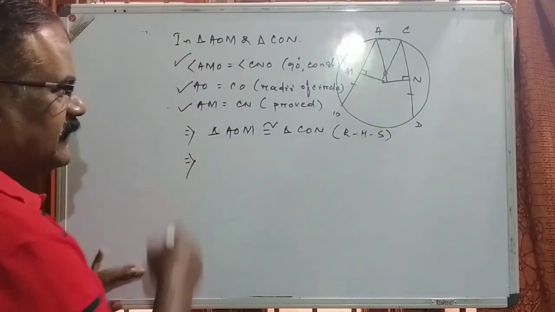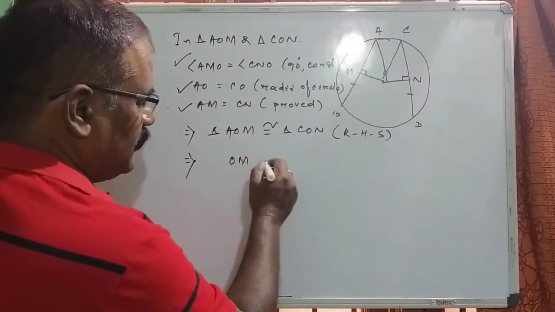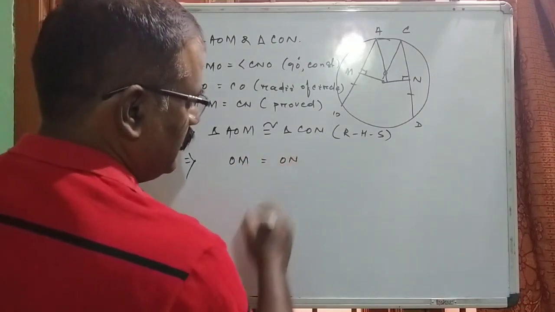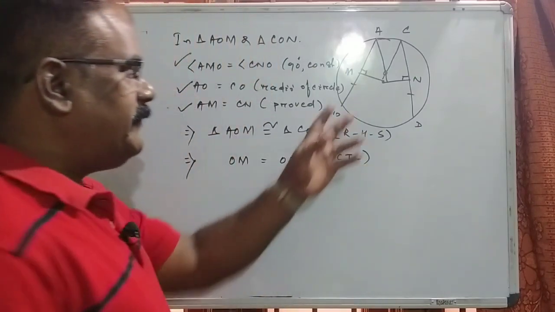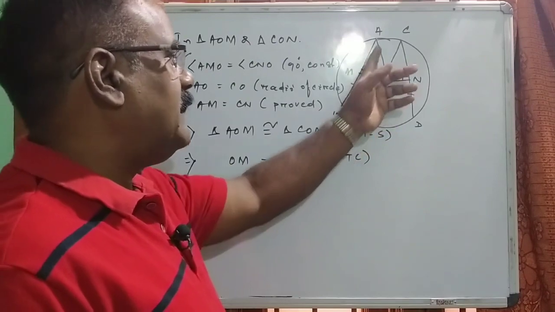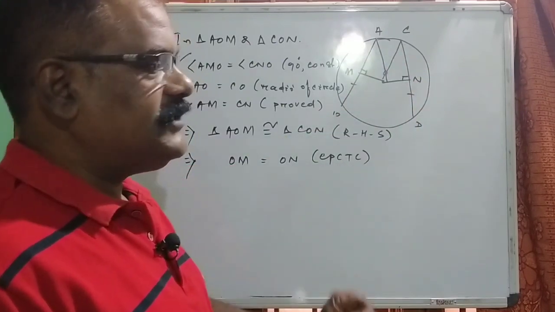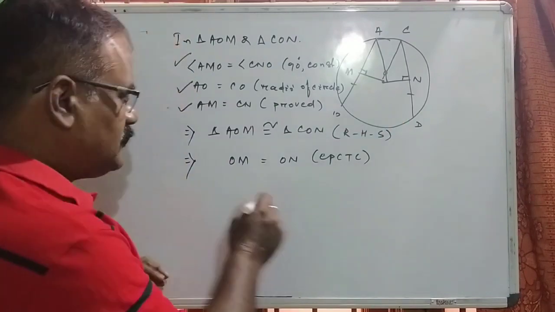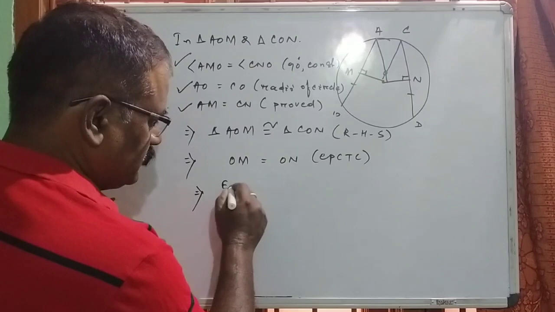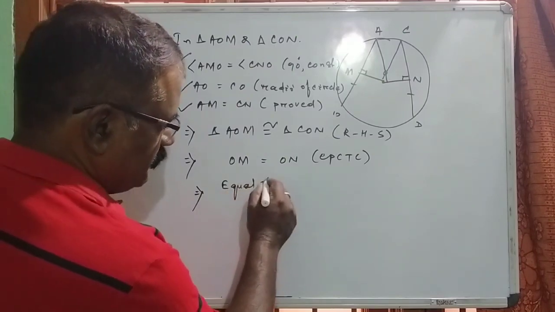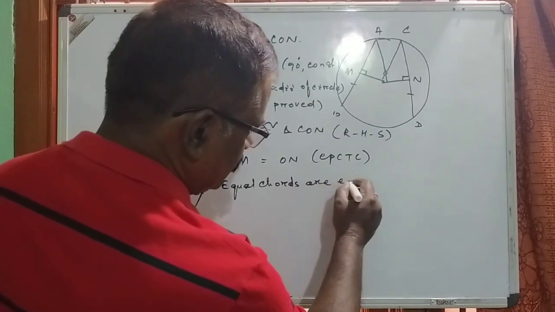And since these two triangles are congruent, we can say that OM is equal to ON by CPCTC. OM is the distance of AB from O and ON is the distance of CD from O. So hence we can say that equal chords are equidistant from the center.